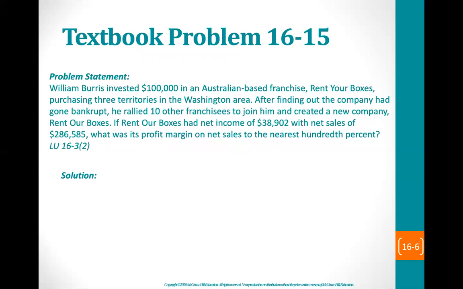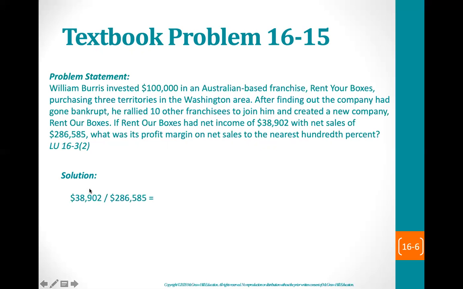So, this is kind of skipping ahead a little bit, and we'll come back to exactly figuring the profit margin percent. Let's talk about the profit margin to begin with. We're only concerned about this last statement. The rest of these sentences are just extra information.